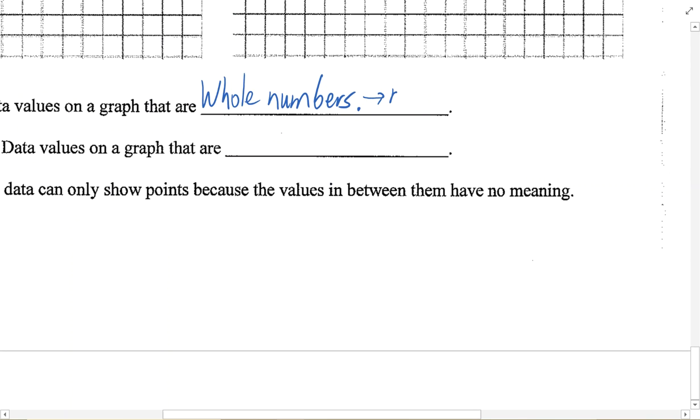There are no values in between. So it does not make sense to connect the dots.